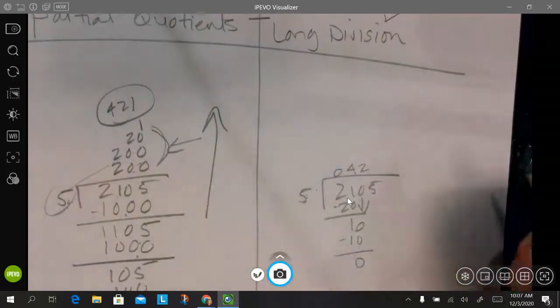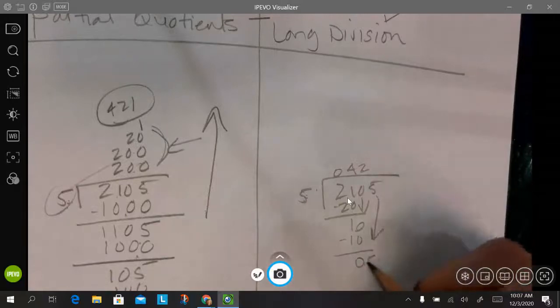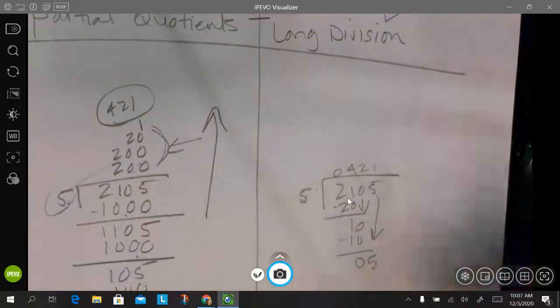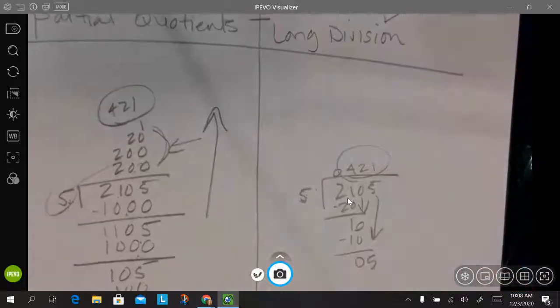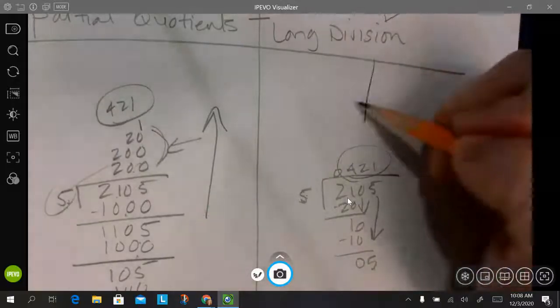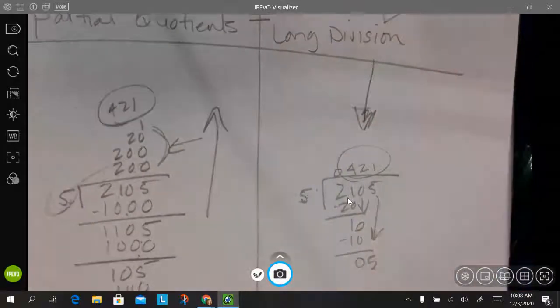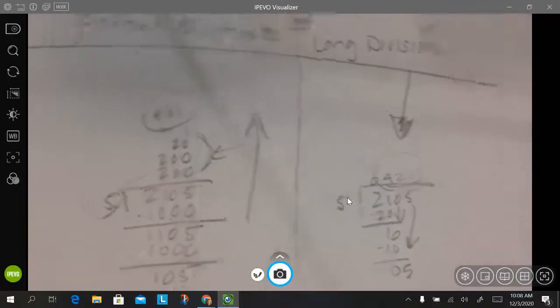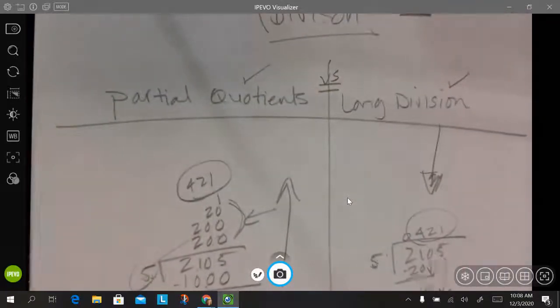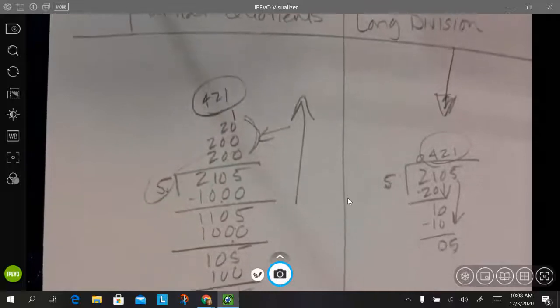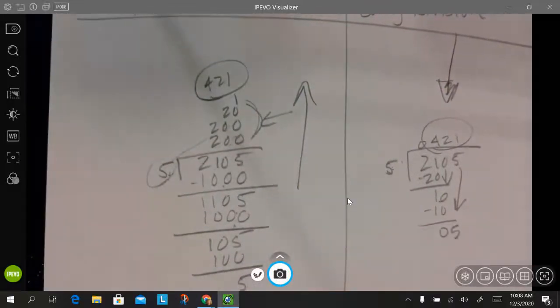I have 0, but I still got this 5 left. 5 goes into 5 1 time, and I end up with 421. So that's the long division way. That's fine, okay? Or this is your partial quotients way, which you're working up, okay?